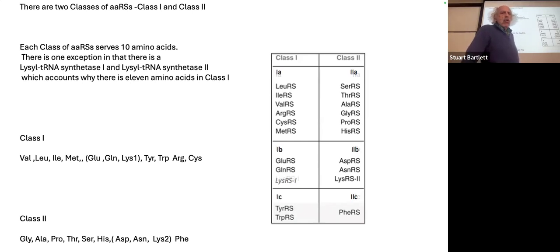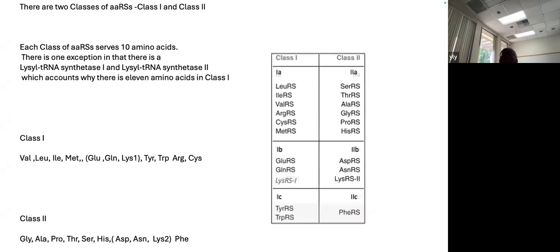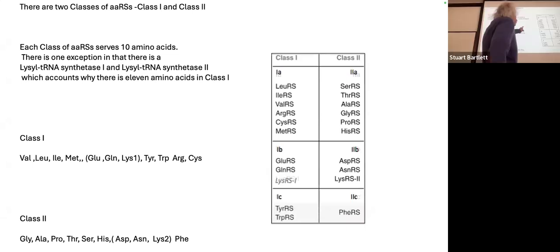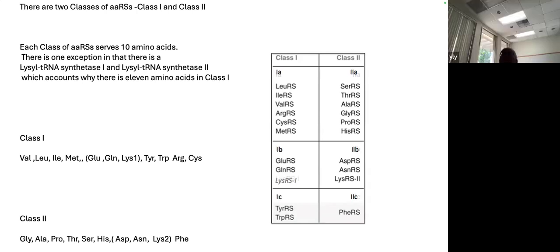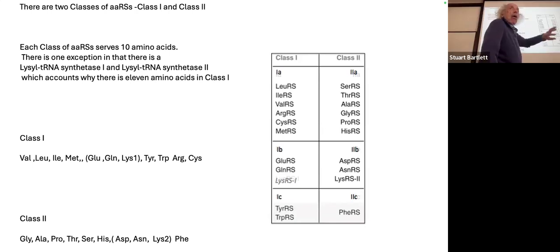So there are two groups of aminoacyl tRNA synthetases, and they are seen here. One group, class 1, is dominated primarily by hydrophobic amino acids. Leucine, isoleucine, valine, and methionine are all hydrophobic.